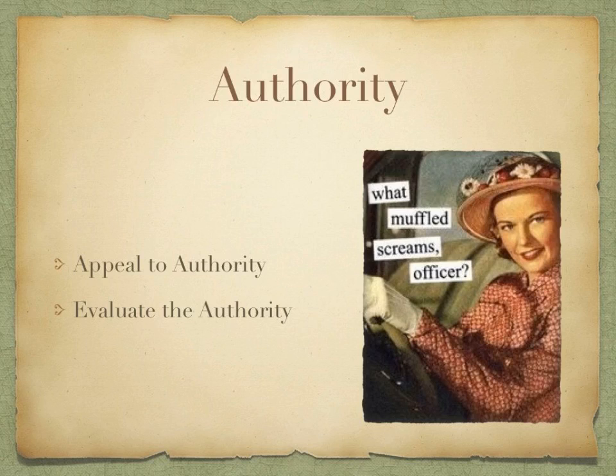This doesn't mean that you rely exclusively on them. It's still your argument to make. So when you rely on authority, you're bringing in one or two ideas. You may even just cite their name in your own personal discussion of the topic. Okay, so you can appeal to authority, you can evaluate the authority.